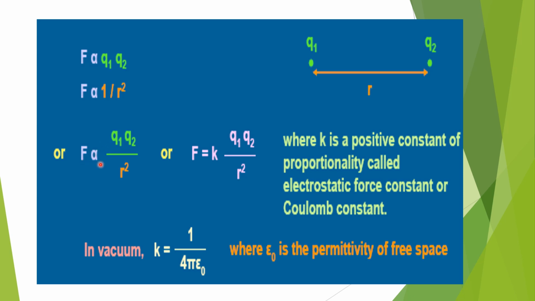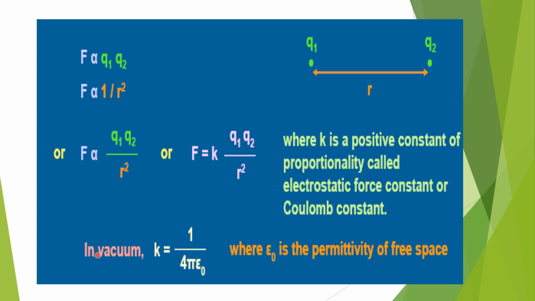Now in any mathematical equation, if you are converting the proportionality sign to an equality sign, we have to introduce a constant. So F is equal to a constant K. The small letter k is used here, okay? F is equal to k into Q1 Q2 by R square, where this k is the proportionality constant or electrostatic force constant.